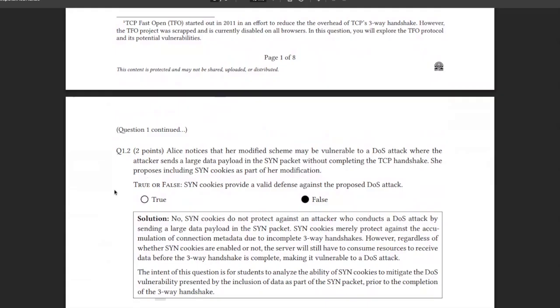I don't know if this makes sense to everyone, but the SYN cookies protect against accumulation of connection metadata due to incomplete three-way handshakes. However, regardless of whether SYN cookies are enabled or not, the server will still have to consume resources to receive data before the three-way handshake is complete, making it vulnerable to DOS.